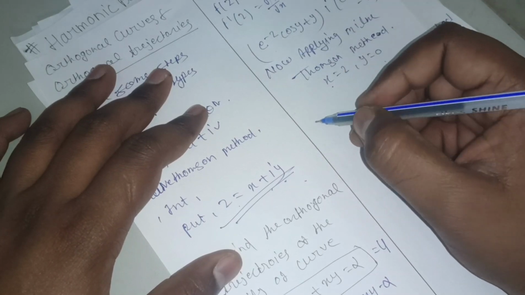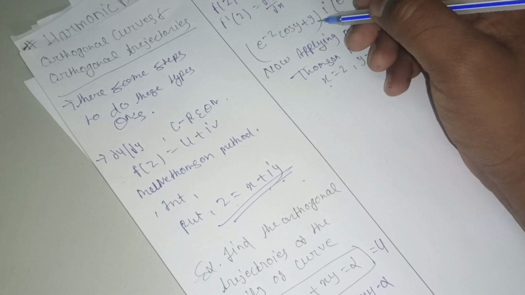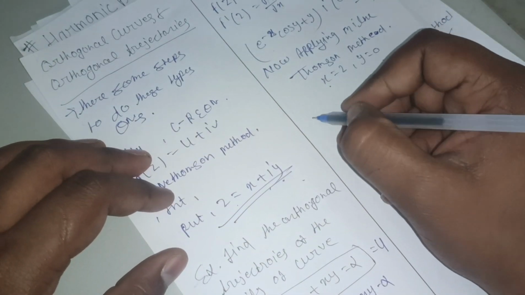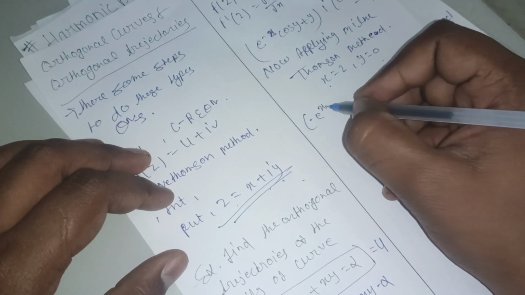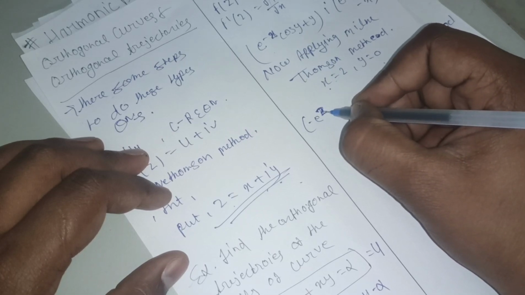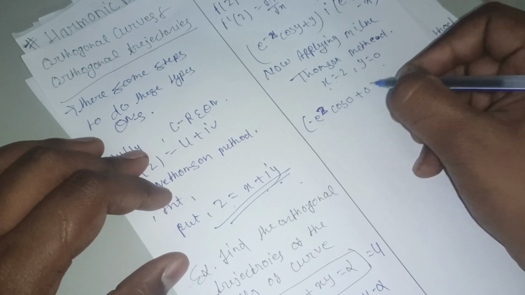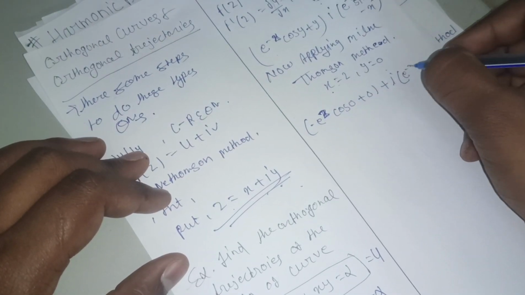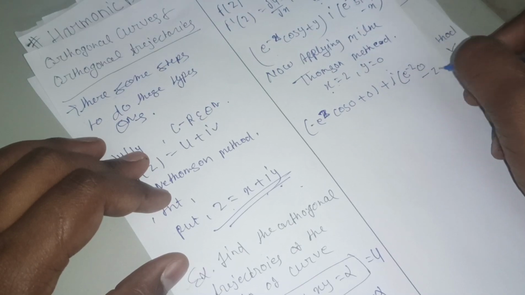So e to the power minus x, x is equal to z, so we will put z, cos y, cos 0, plus iota e to the power minus z sin 0, this will be 0, minus z.